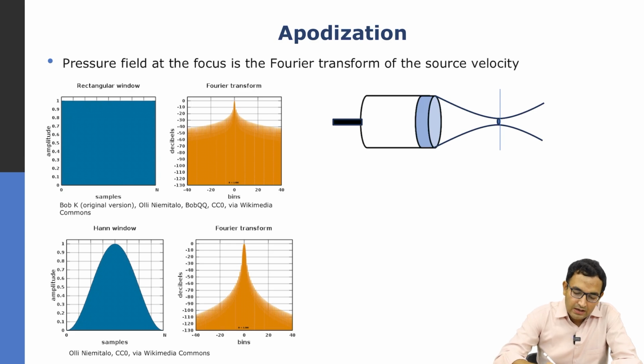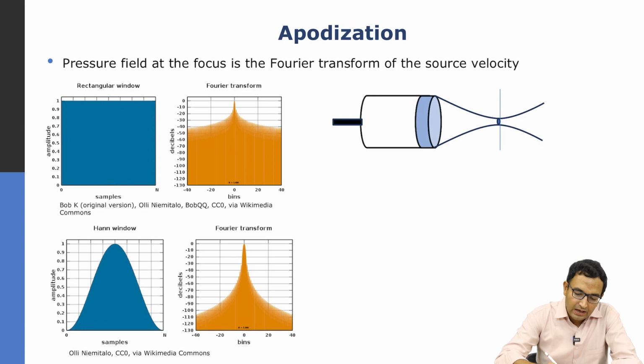Now, here in the figure I have a circular function. The Fourier transform of a rectangular function is a sinc and of a circular function is a jinc, which is also somewhat similar to a sinc. So even in that case you would see a lot of side lobes. Now, I have applied what is called a Hann window.